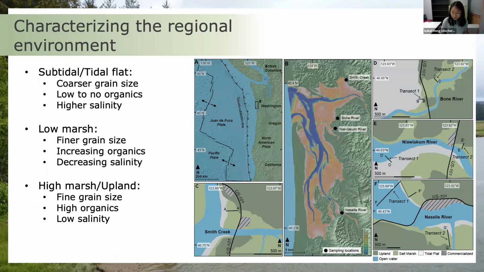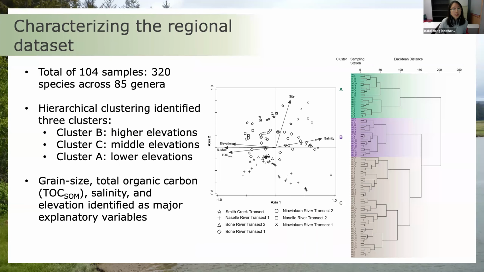And then, characterizing the results of looking at the diatoms, combining all of the results, we had a total of 104 samples in which we identified 300 diatom species across 85 genera. And clustering analysis was a little bit more complicated in this sense. What we found with clustering analysis is that we ultimately identified 3 distinct clusters.